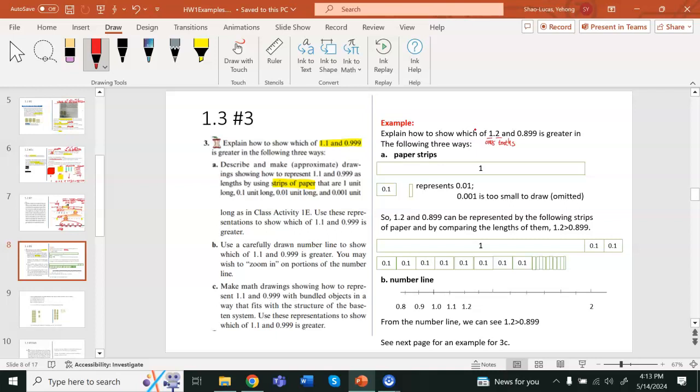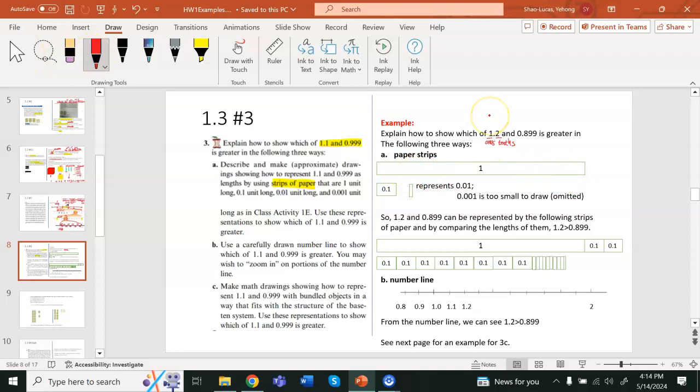So we take a long paper strip, as you can see here, and we're going to use it to represent 1. So how long this paper strip is from the left end all the way to the right end, that is 1 unit. And next, we're going to generate the tenths from ones.